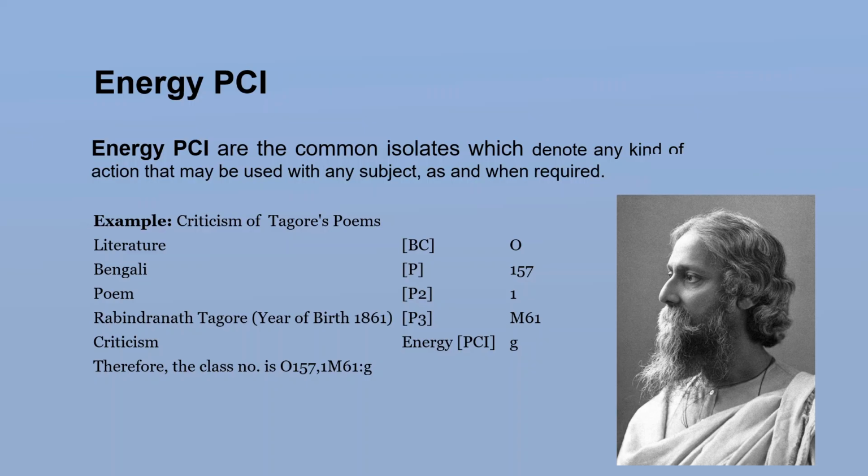Therefore, the class number is O157, 1 M61 colon small g. Here energy PCI is to be attached with the indicator digit.